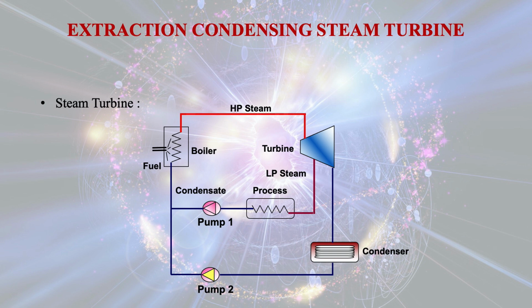Now the remaining steam after the extraction point will expand in the turbine for producing work, and at the end of the process inside the turbine, the low pressure, low temperature steam will pass through the condenser. It is condensed into water and pump 2 sends the water to the boiler, thus completing the cycle.